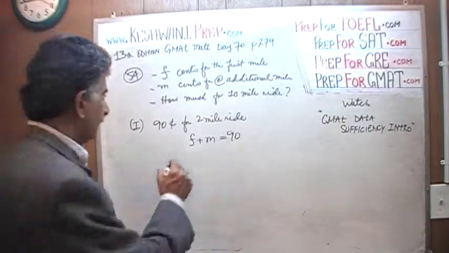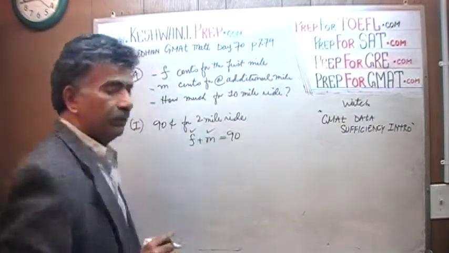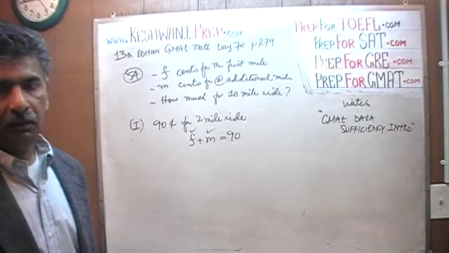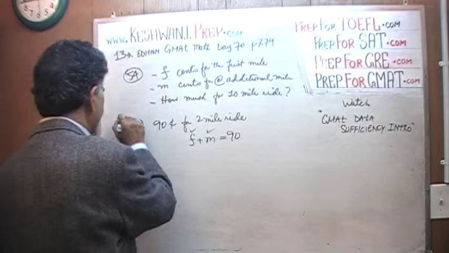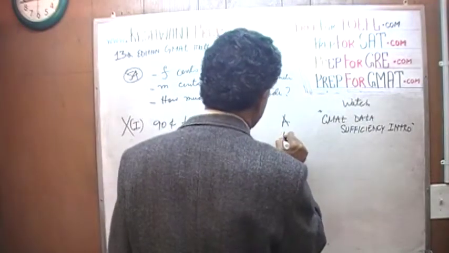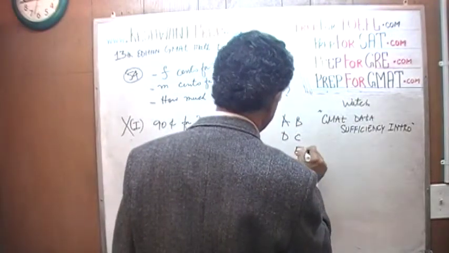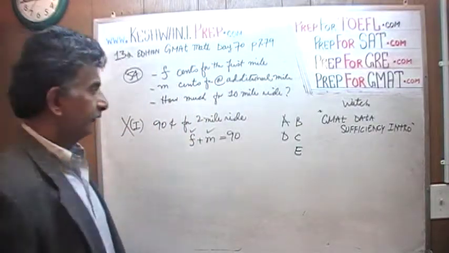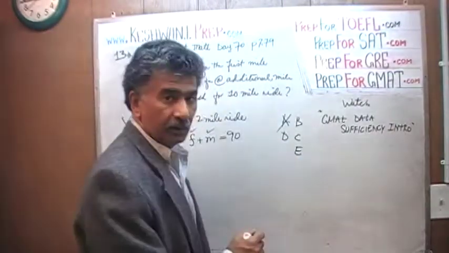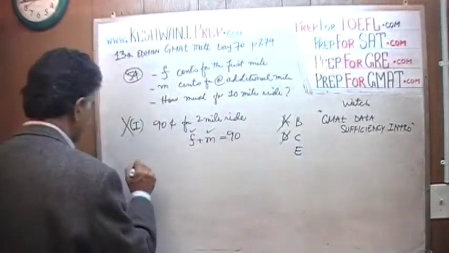We need to somehow figure out the value of both F and M before we can tell what the cost of a 10-mile ride is going to be. This statement by itself is not enough. A, D, B, C, E. Since the first statement by itself is not sufficient, the answer cannot be A, nor can it be D.